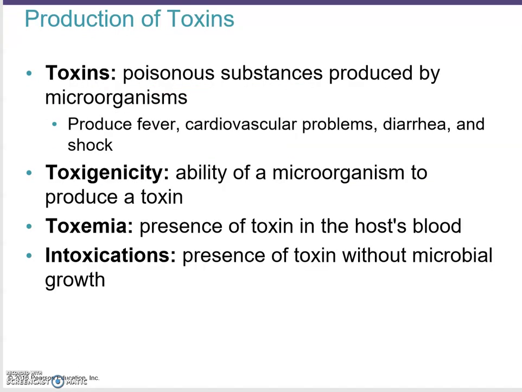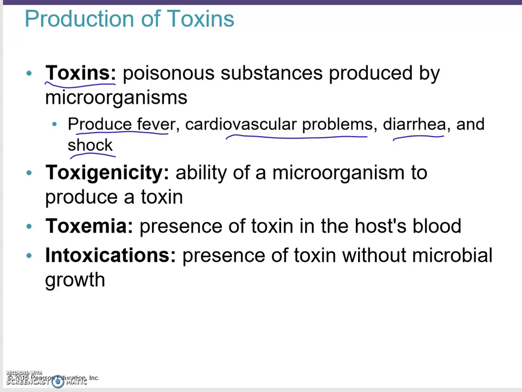Now let's take a look at pathogens that produce toxins to enhance their virulence and cause damage to the host. Here first some definitions. A toxin is a poisonous substance produced by a microorganism. Here are some examples of what toxins can do to you. They can produce a fever, cardiovascular problems, they can cause diarrhea or shock, and that's just some examples.